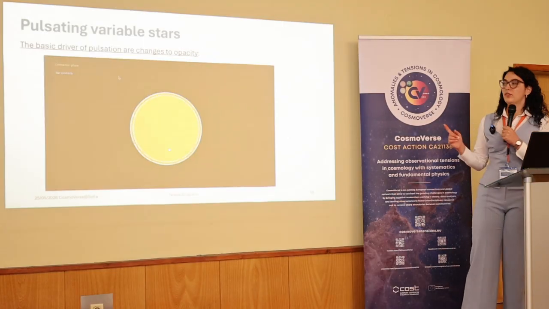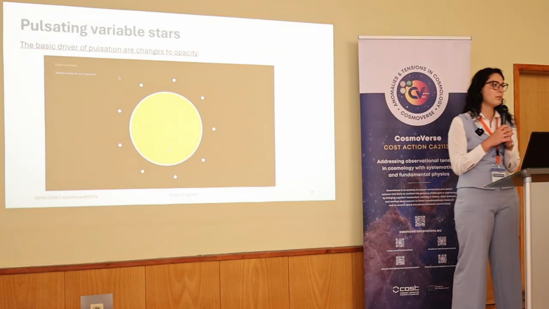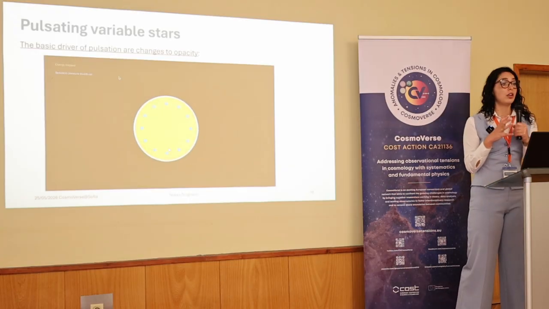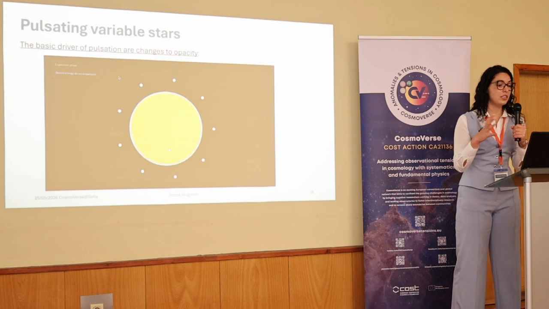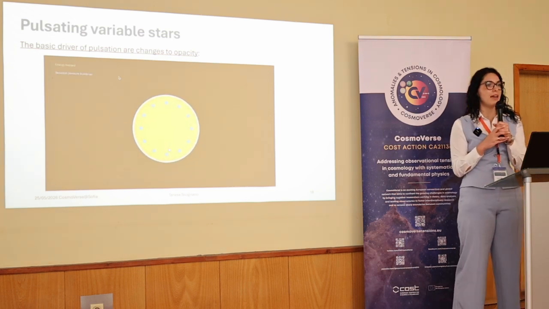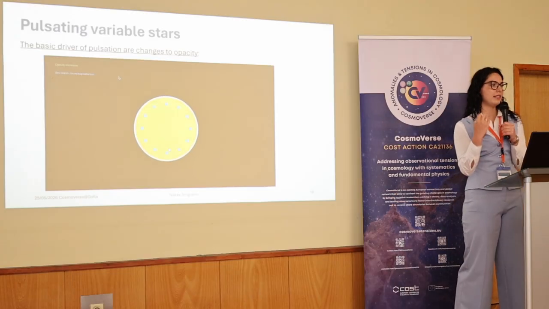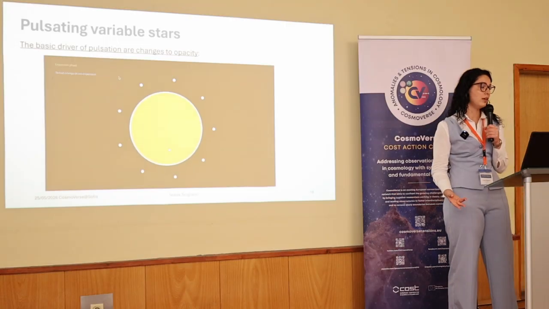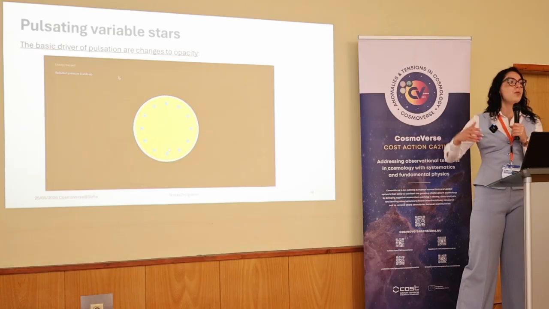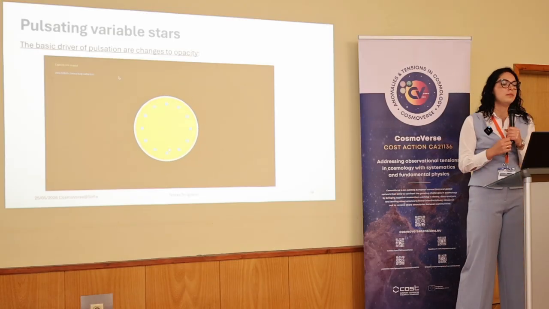What happens for a Cepheid is that during the contraction phase it is storing more energy during compression, and this energy will be released during expansion. For this reason we don't have a linear magnitude, but we have less magnitude, and this is the minimum of the light curve, when we observe during compression, and then we have more magnitude when we observe during expansion.